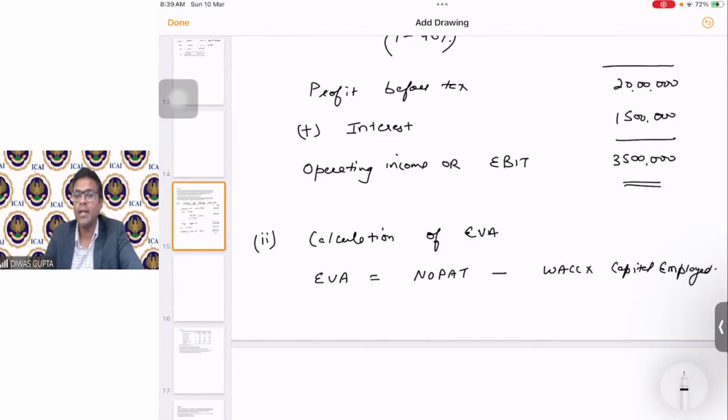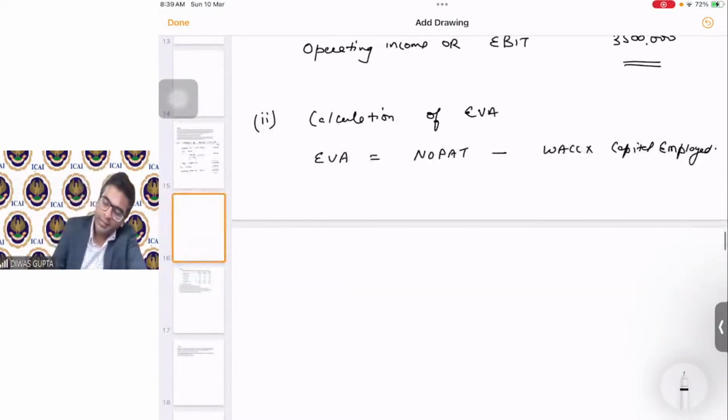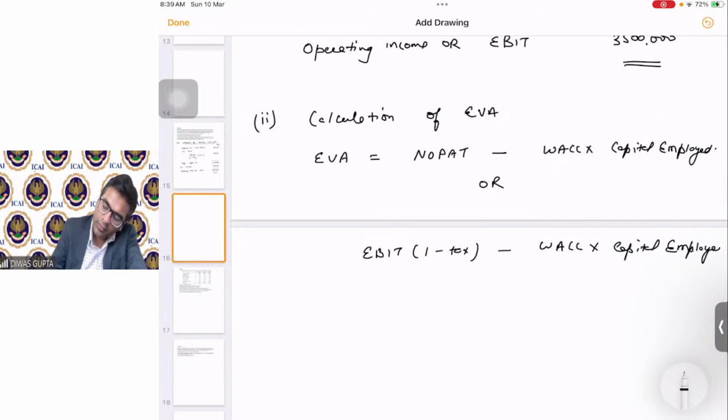Correct? This is called EVA. In this case, can we use the EBIT that we have already calculated? Yes, we can use this.